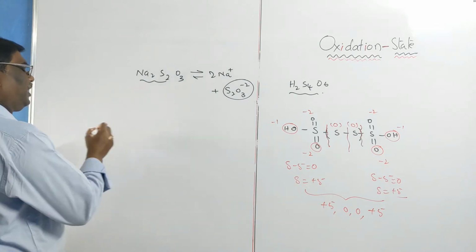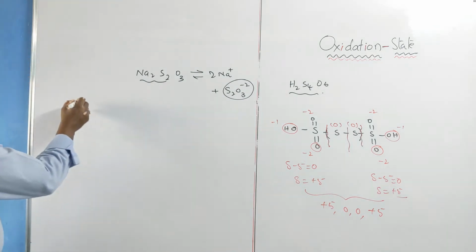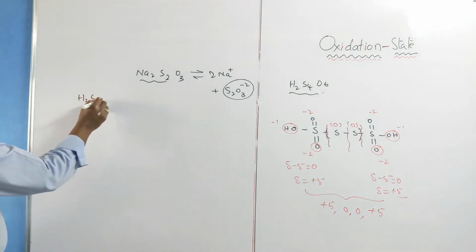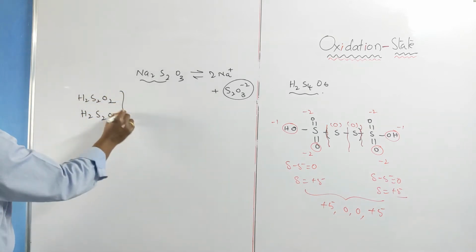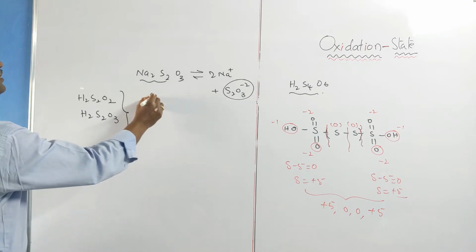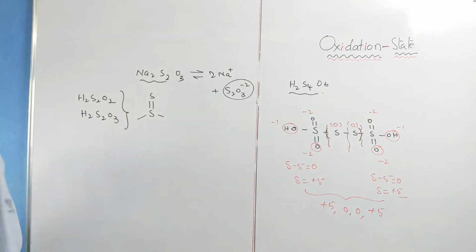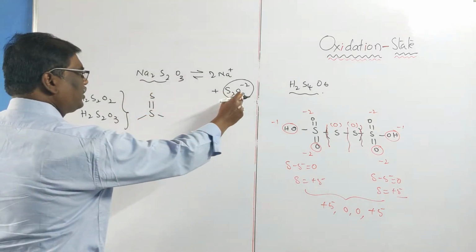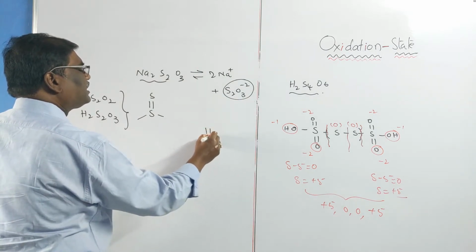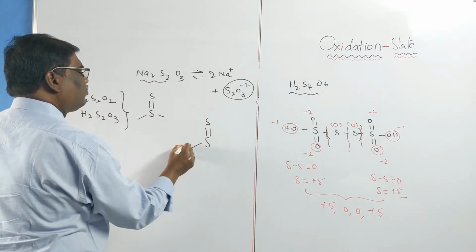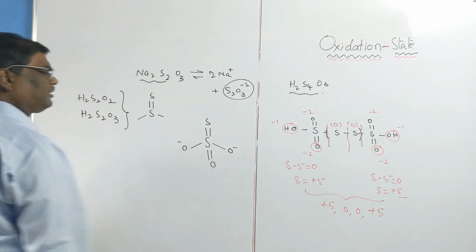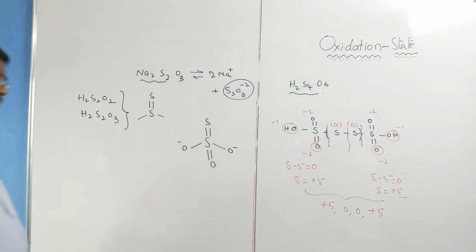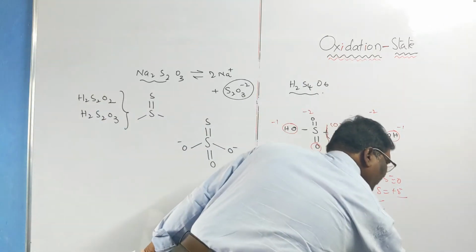I told you, in oxo acids of sulfur, in case of H2S2O2 and H2S2O3, there exists a sulfur double bond sulfur linkage. So S2O3 geometry is similar to S double bond S. Here O minus ion, O minus ion, one more oxygen. This is the geometry.